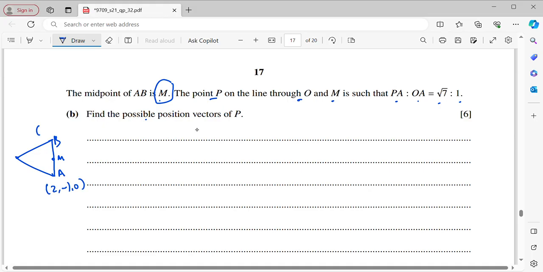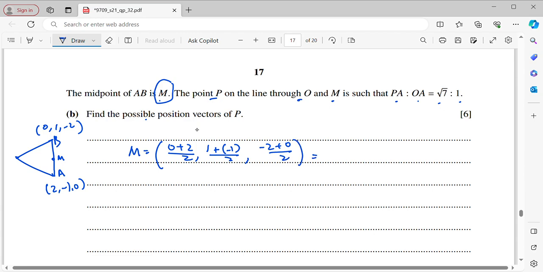B is (0, 1, -2). So I know that my M has coordinates (0 + 2)/2, because it's the midpoint, (1 + (-1))/2, and then (-2 + 0)/2.